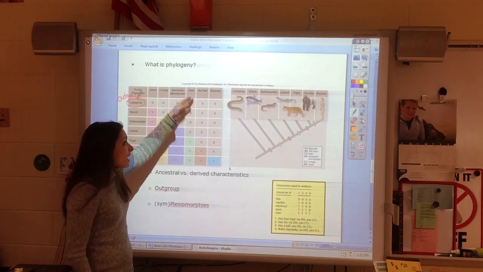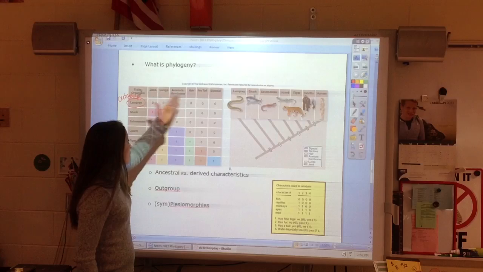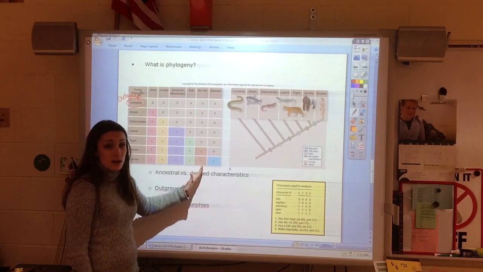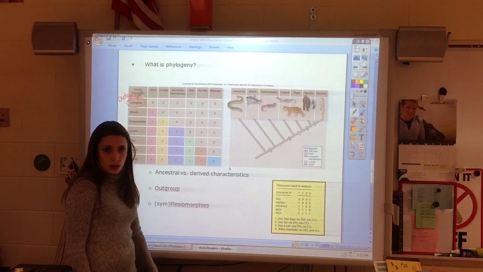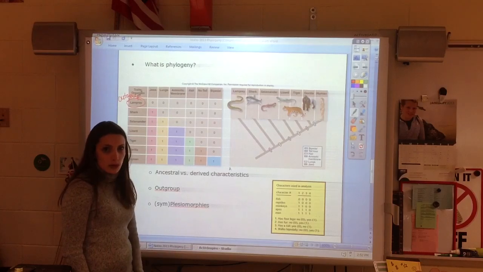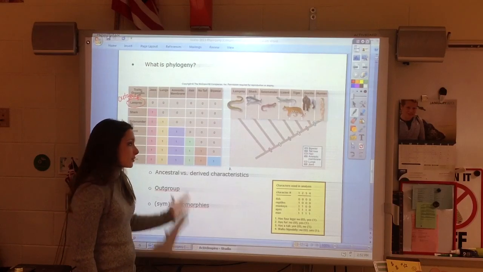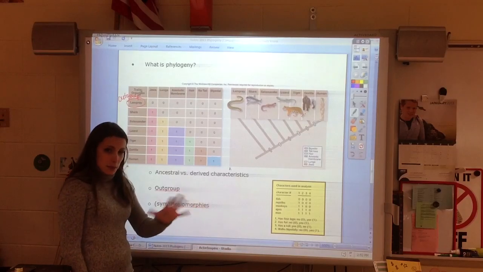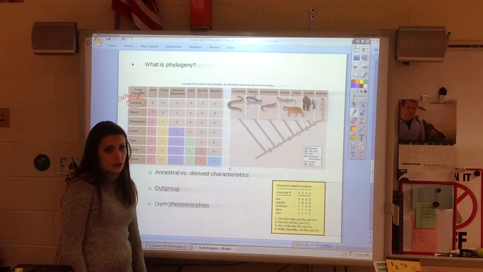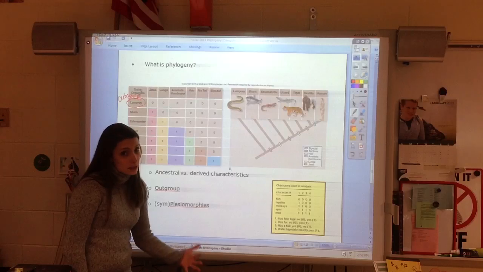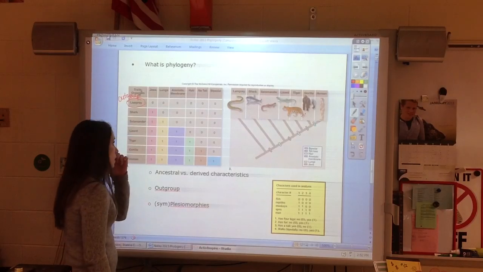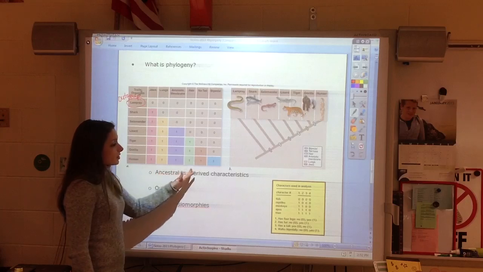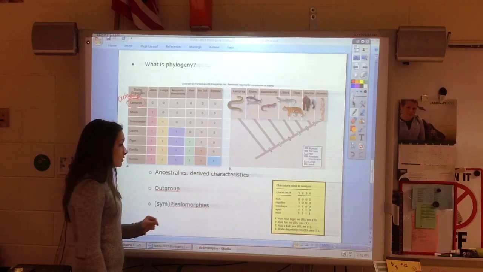If this were turned around and said has tail, these five would have it and these two wouldn't. And it would change the way the tree looks, and it would change the way we look at the tree. So anytime you're looking at characteristics, you do have to be very careful to examine different ways to look at it. Did they lose it? Possibly. So this is where we are very careful about ancestral versus derived characteristics.